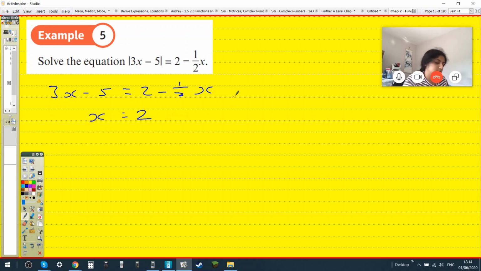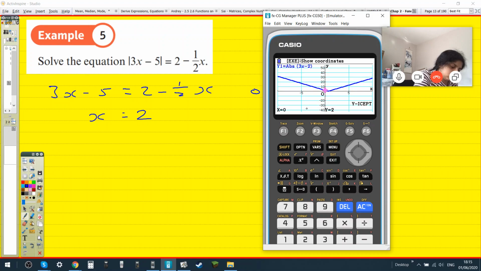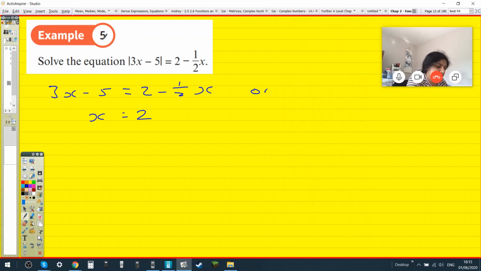Okay, and then when you times by minus 1, I got x is equal to 1.2.